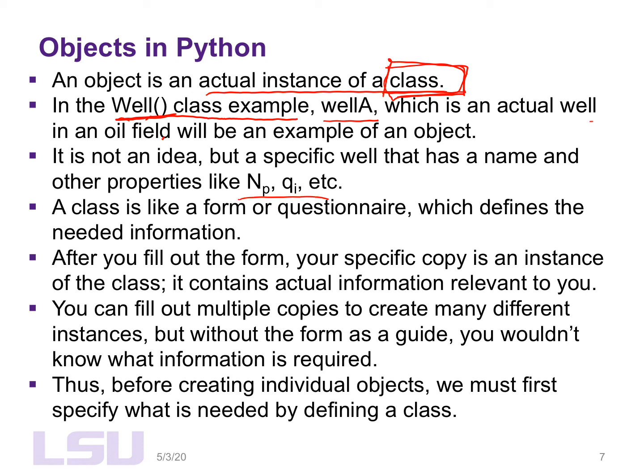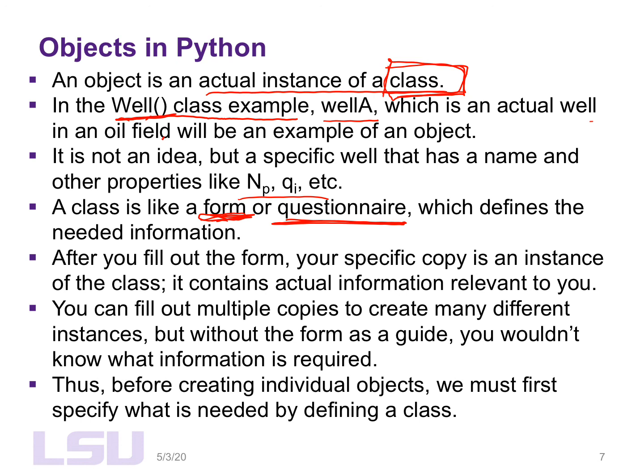So another way to think about a class is like a form, a questionnaire, which I can give to everyone in this class. And in that questionnaire, I'm asking you to fill out your information. So everyone will fill some of the questions. You don't have to fill all of them.